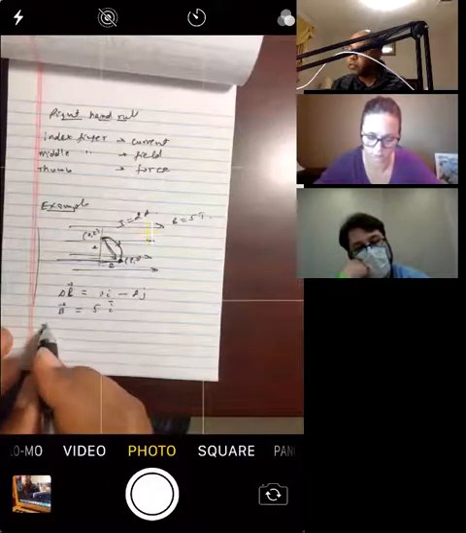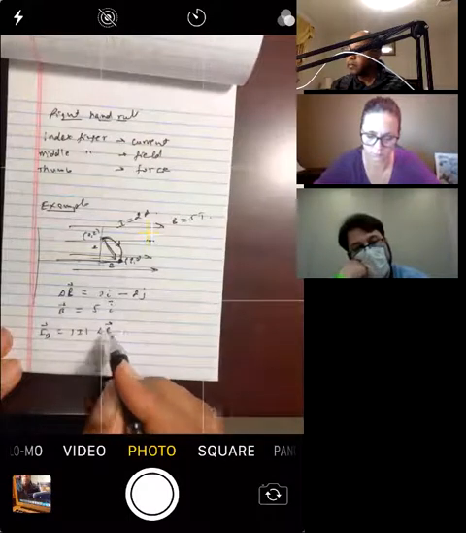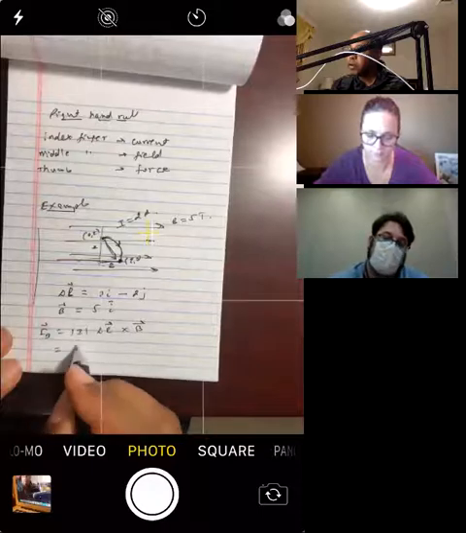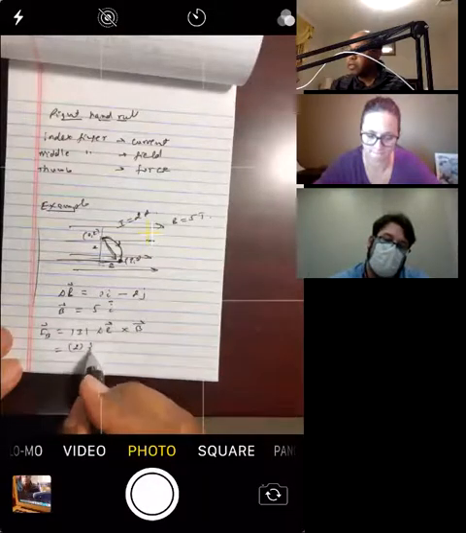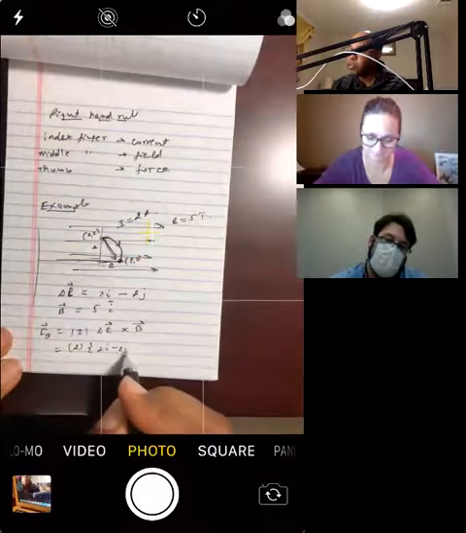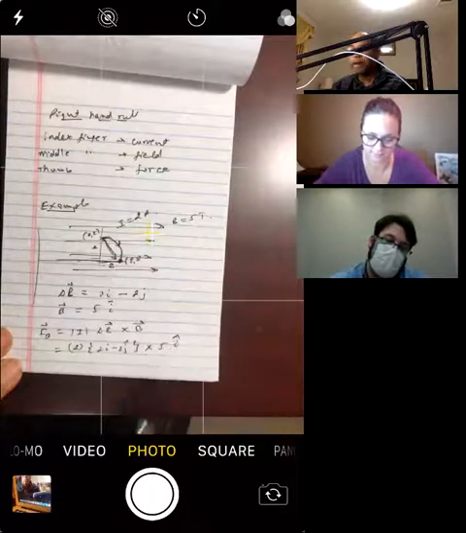The force is the current times delta L crossed with B. So I've got 2 for the current. And my delta L is this vector over here, that is 2i minus 2j. And I cross that with 5 in the i.